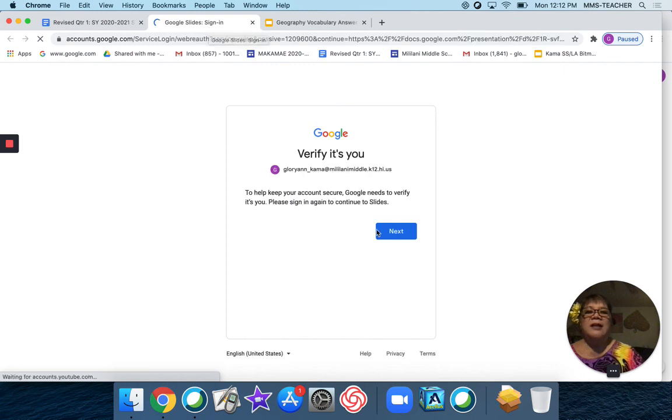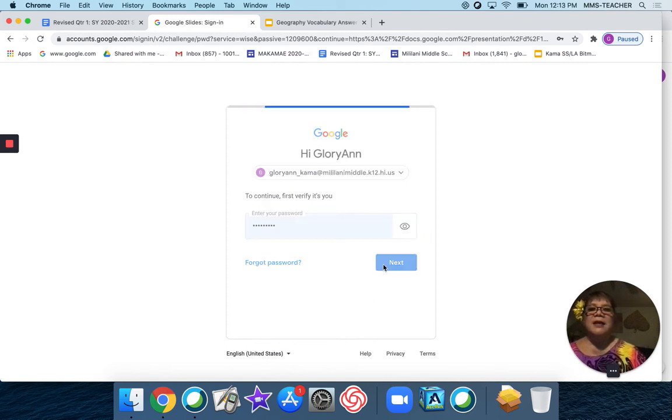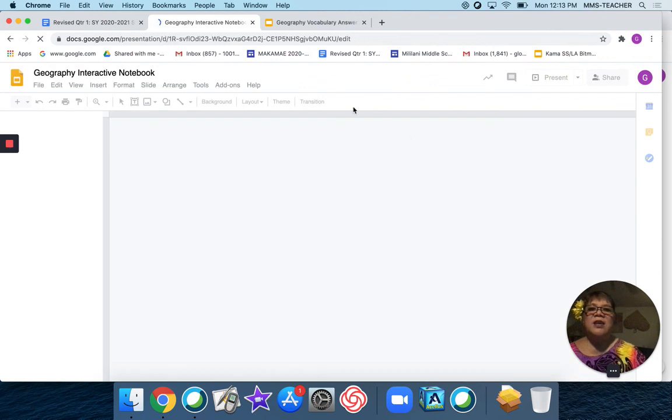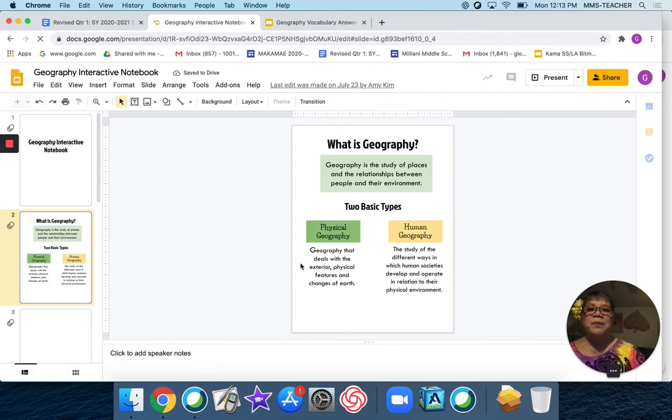And your interactive notebook, oh my goodness, it signed me out, is going to provide me with purple boxes that you are going to type in your correct answer for the geography vocabulary. Here's the notes again. What is geography? The 2 basic types.